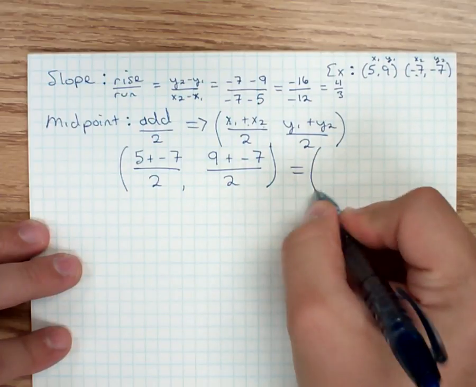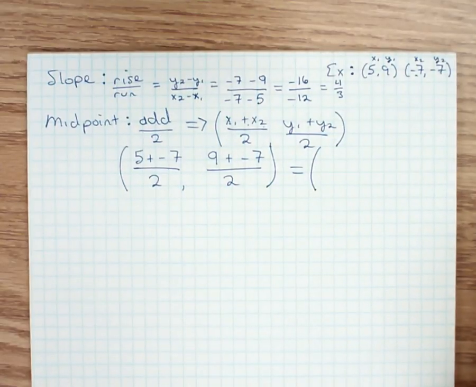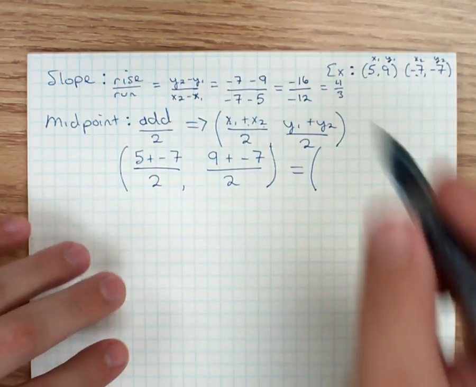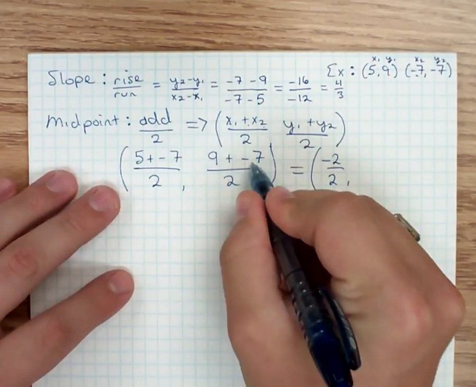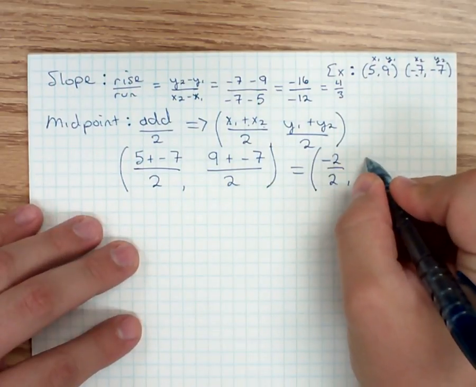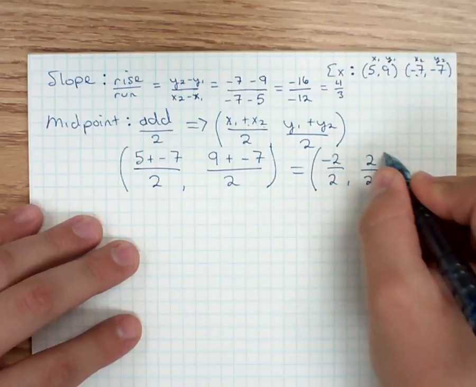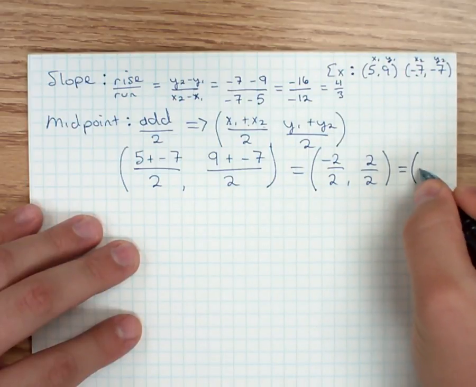And that equals, what's 5 plus -7? -2, so -2 over 2, and then 9 plus -7, I think, is +2 over 2, right? So it's -1 and 1. Yep.